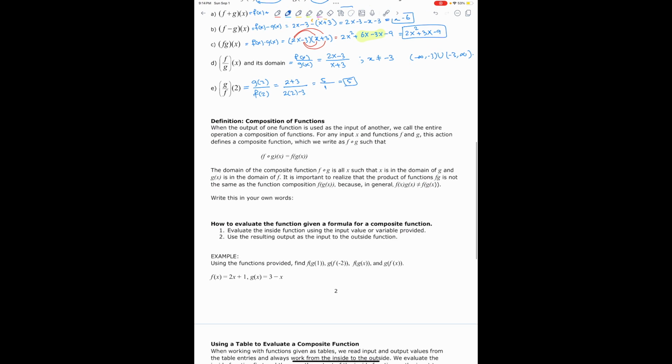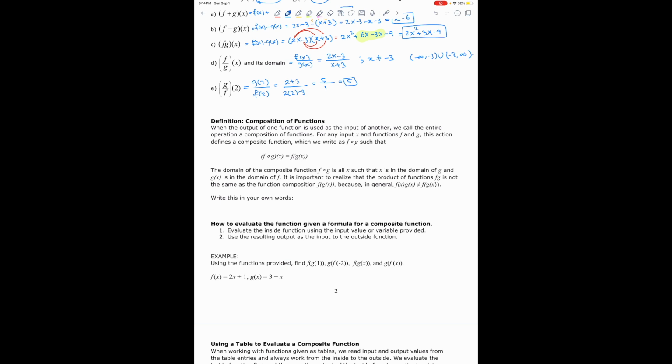Definition: composition of functions. When the output of one function is used as the input of another, like the example we explained at the beginning, we call the entire operation a composition of functions. For any input x and functions f and g, this action defines a composition function, which we write as f circle g.